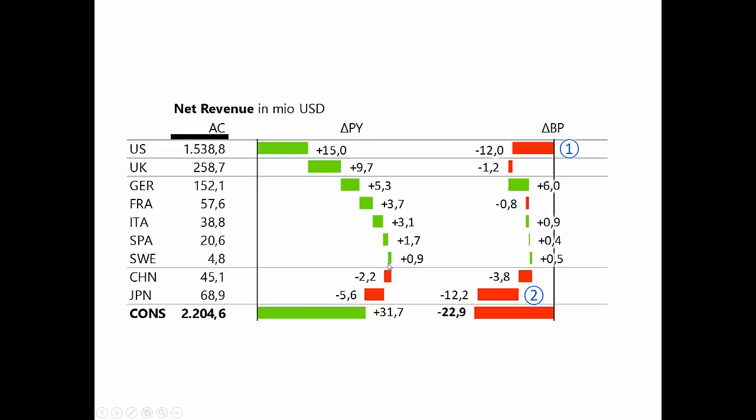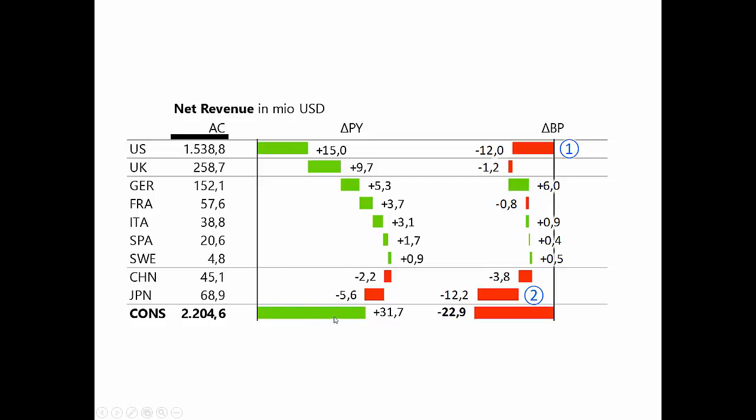So I see the countries that are growing, but then we also have some markets, for example, that have negative growth and so on. And here at the end, this is my consolidated result. So this is my total, and at the same time I understand the growth for each country, but also the contribution of this growth to my total consolidated result.